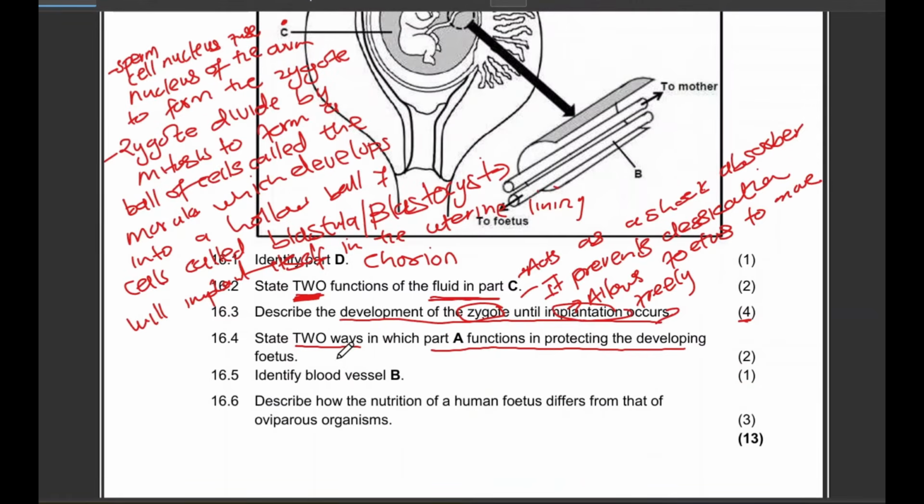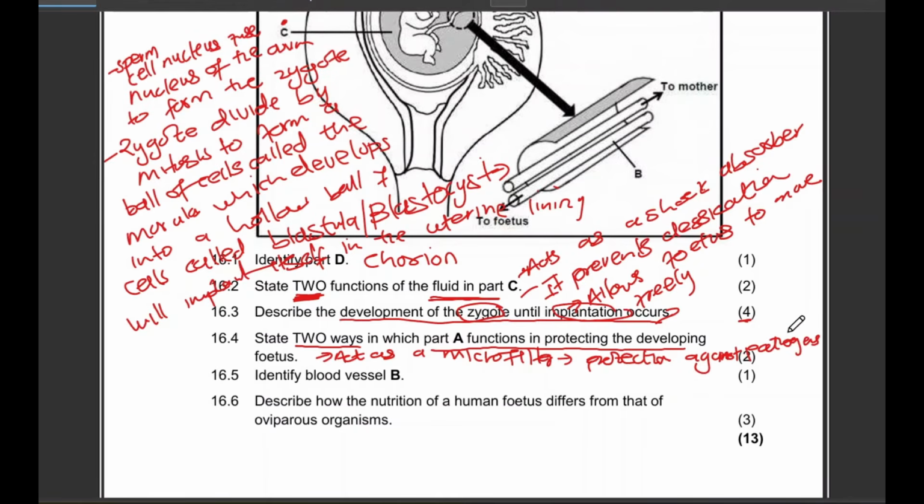All right. So the first way is that it is going to protect the fetus against pathogens. So it will act as a microfilter. That's the first one. Act as a microfilter to protect the fetus against pathogens.